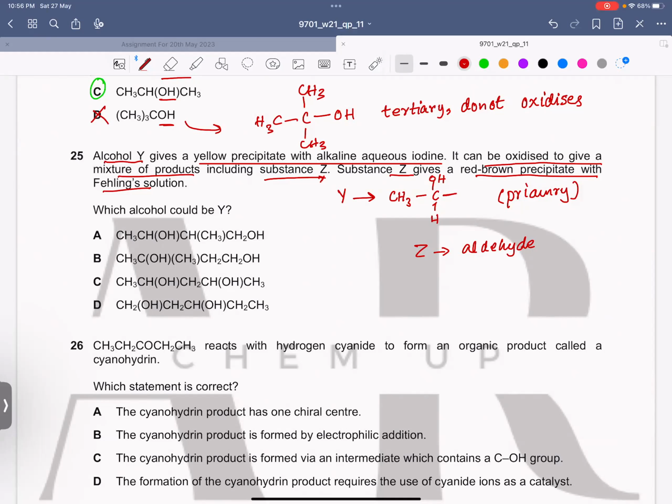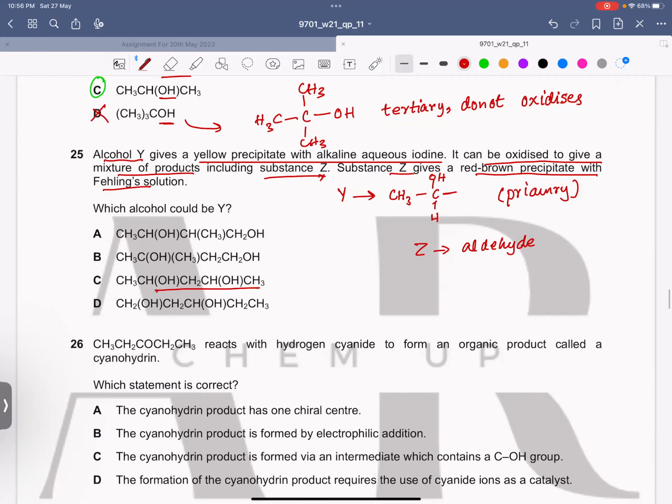Yes. Now, if you see in these two structures, there is no primary alcohol, so C and D go wrong. And if you look at B, there is a carbon with an OH which is tertiary.